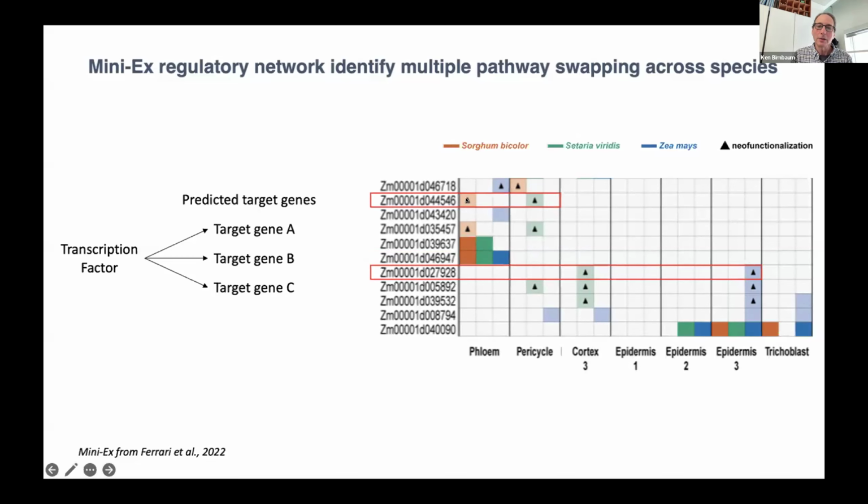Or here, where in sorghum there's a module that's expressed in the phloem, it is in Soteria's pericycle. And this switching around, or the swapping as we called it, turned out to be much more prevalent than the conservation.